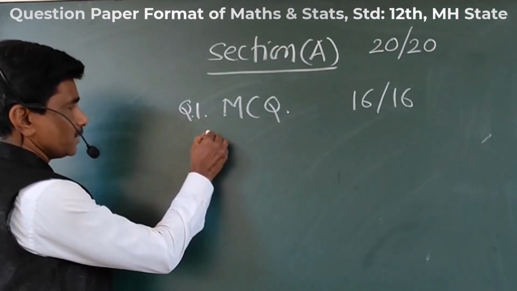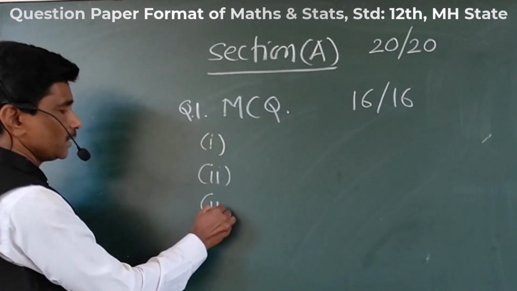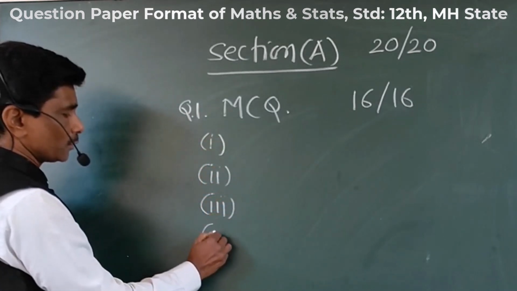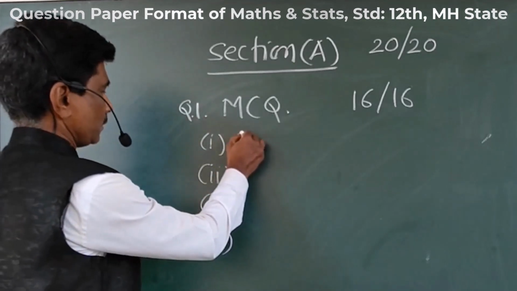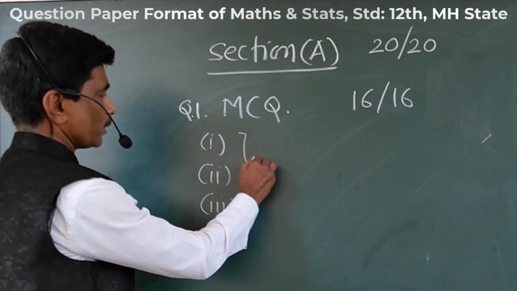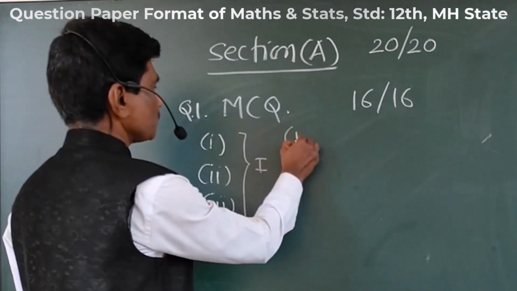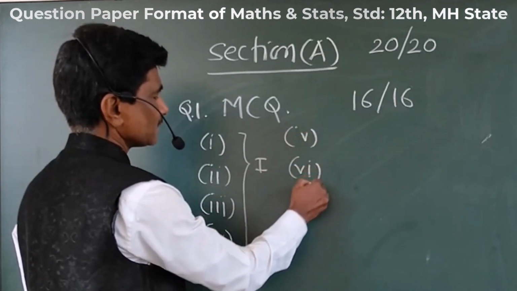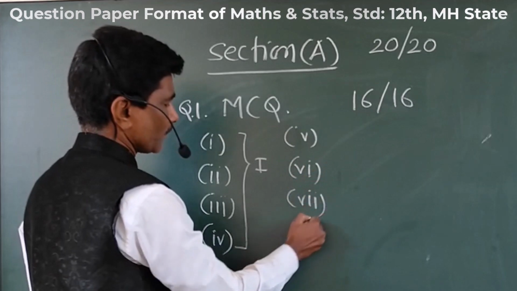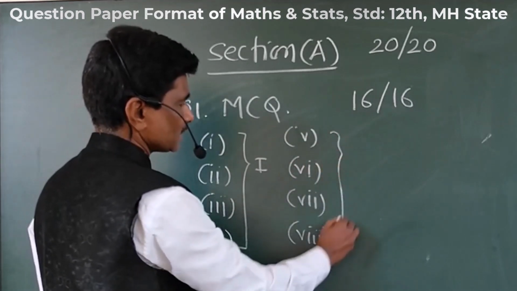So the MCQ number 1, 2, 3, 4 are from the first part. So these 4 MCQs are asked from the first part. Whereas MCQ number 5, 6, 7, 8 are asked from the second part.